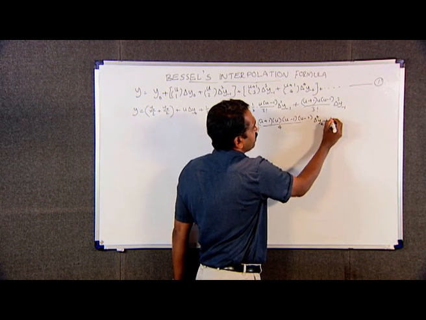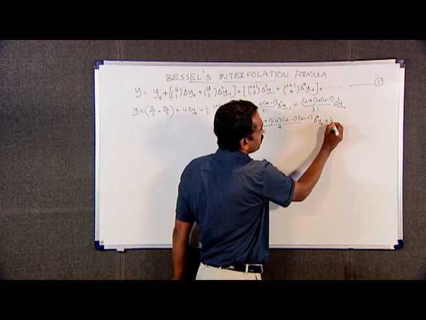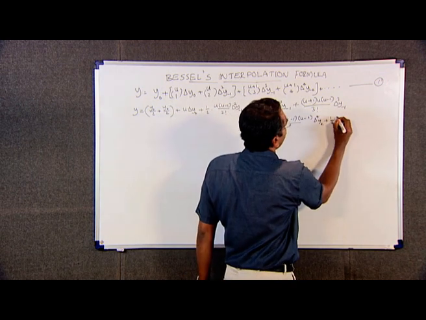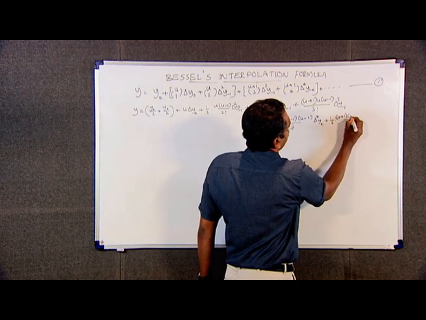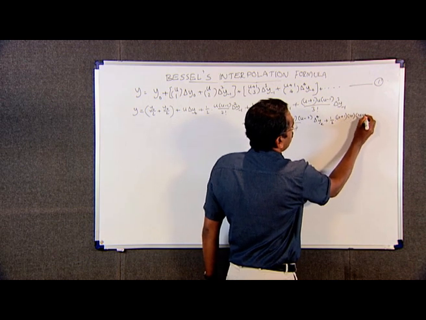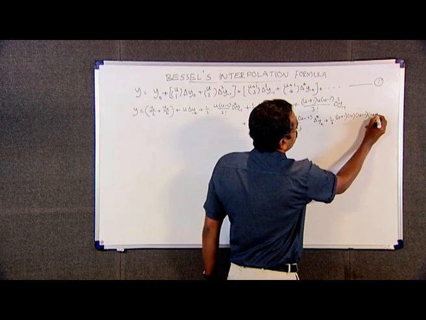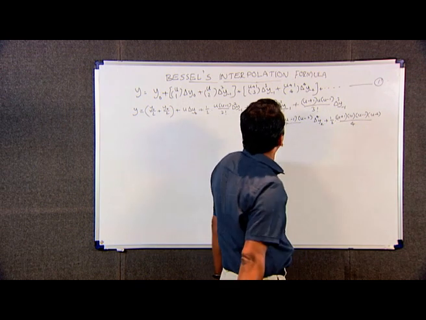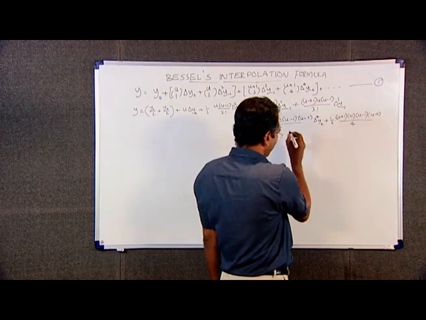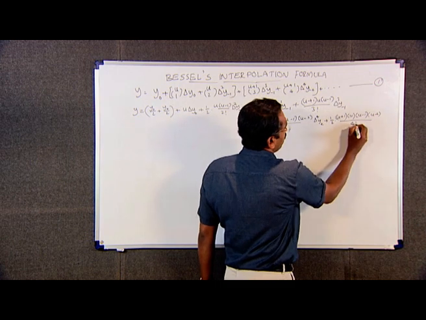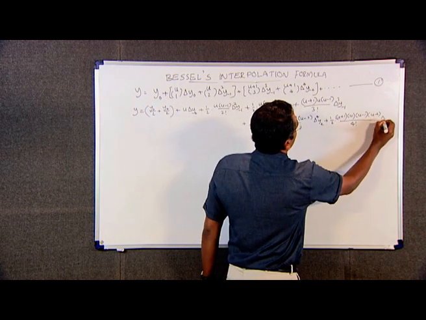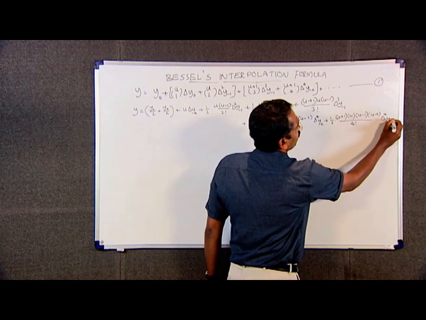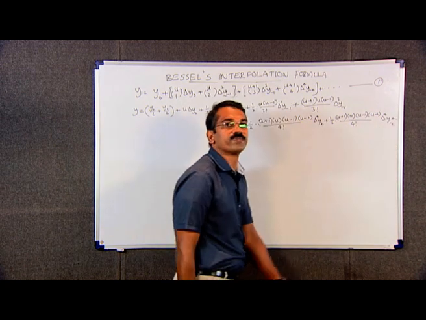Similarly, the second split up of this term is 1 by 2 into u plus 1 into u into u minus 1 into u minus 2 divided by 4 factorial into delta raised to 4 y minus 2, plus etc.